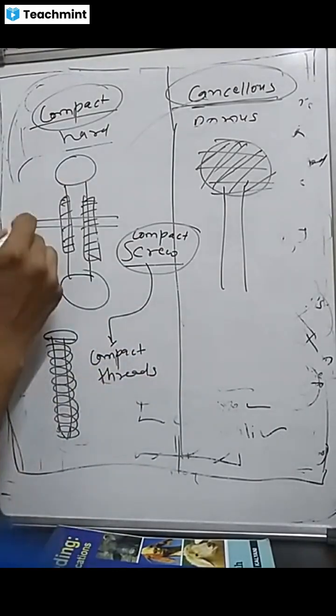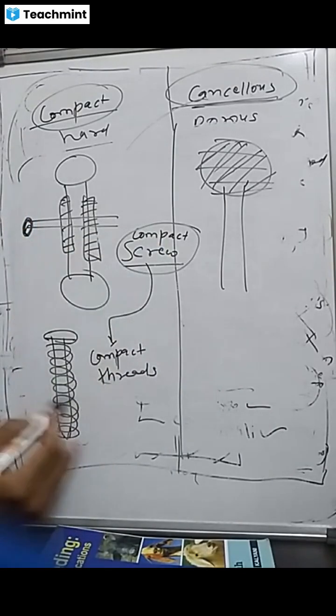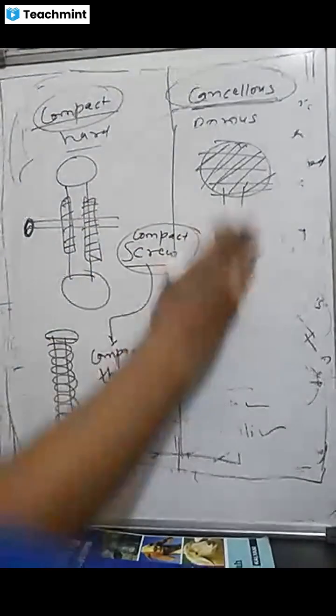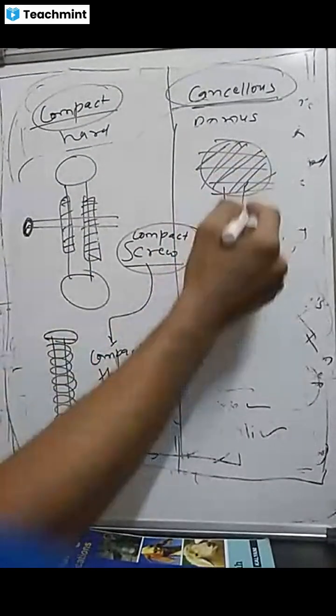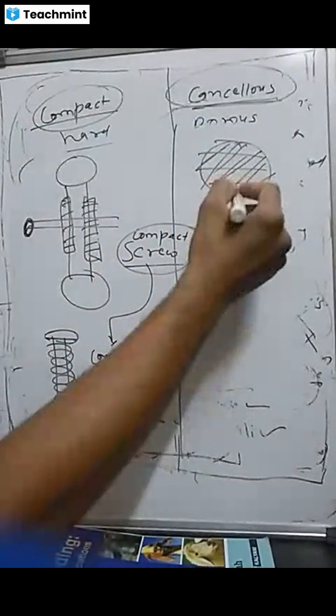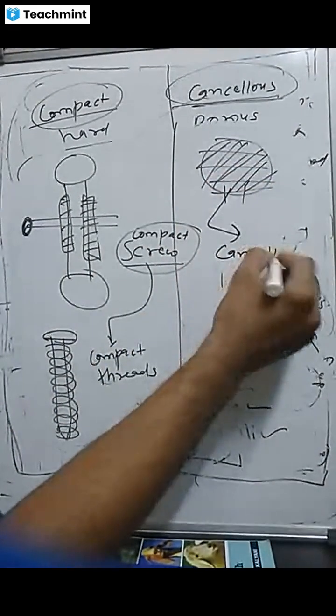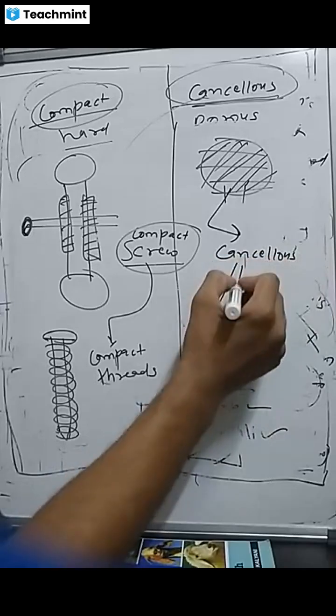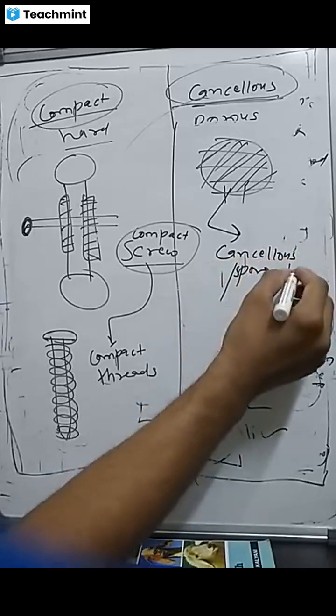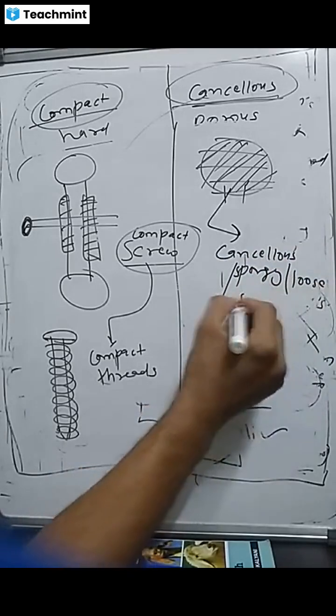One gives us the idea of a screw which is compact, but this bone is porous, so it gives an idea to use a cancellous or something loose screw.